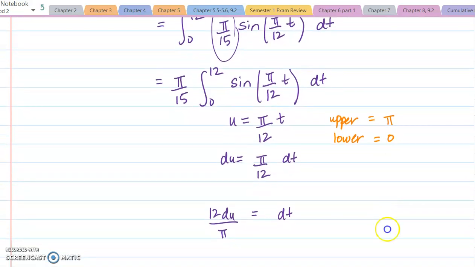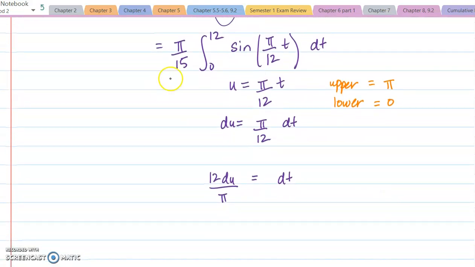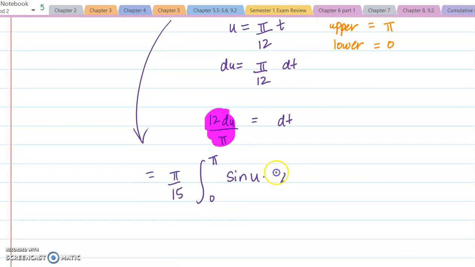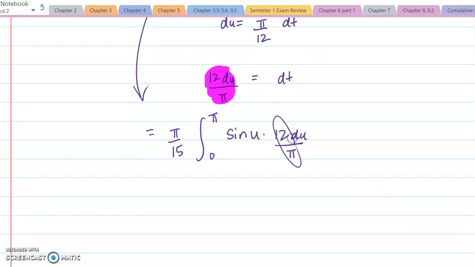So now we can rewrite the integral as pi over 15 times the integral from 0 to pi sine of u times, remember that dt is this substitution. So we have 12 du over pi. This is another constant that can be factored out. So pi over 15 times 12 over pi times the integral of 0 to pi sine of u du.